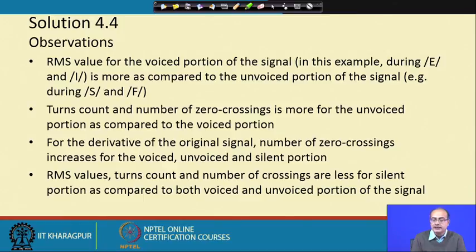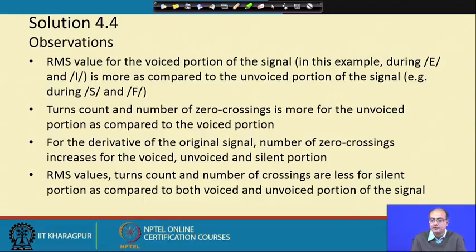It could be because of the DC bias, which may not be visible in the plot, but small DC biases are there which are removed, and that helps to get more zero crossings, and everywhere we get an increase, and that makes the thing more uniform, which is not actually a good thing.